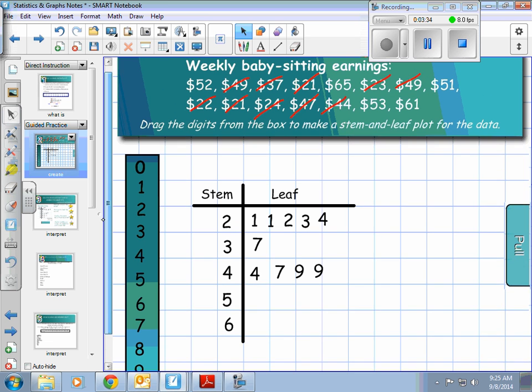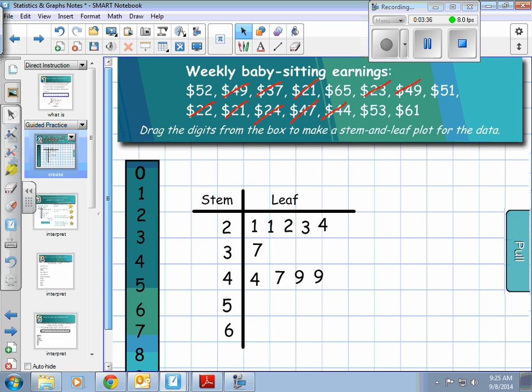That looks like it is it for my 40s. Then I move on to my 50s. My lowest 50 is 51, and then I have 52 and 53. That is it for my 50s. And then all I have left is 61 and 65. So 61 and 65.